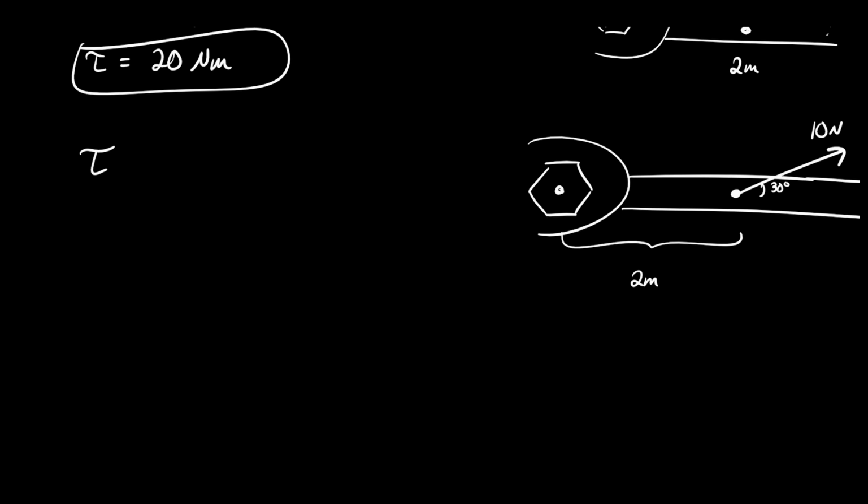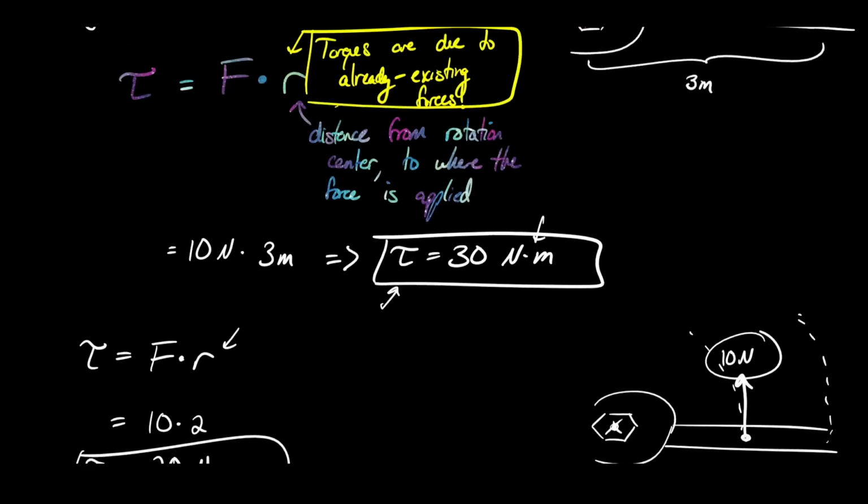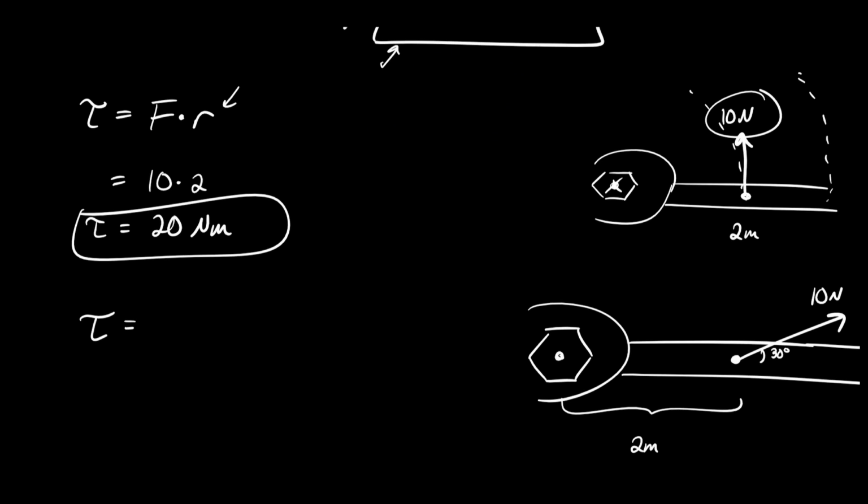Okay? The generalization to the torque formula that we're going to need to make is instead of having just F times R, afterwards we're also going to need to multiply by sine theta. And I'll tell you exactly what theta is, because just because 30 degrees appears here, it could be a trap. I could be referring to 60 degrees, so I'll explain which theta it is in a second.